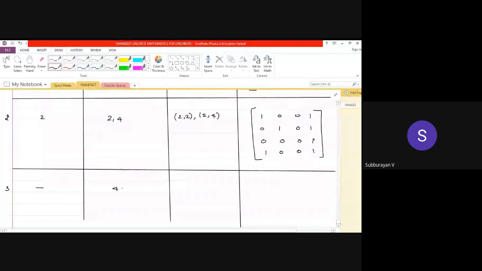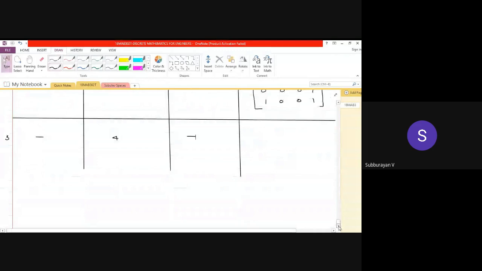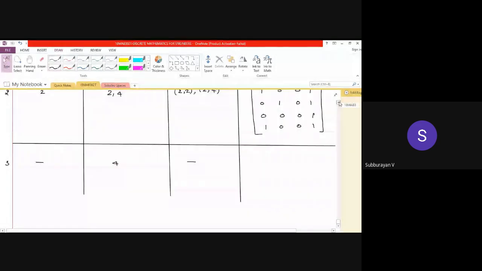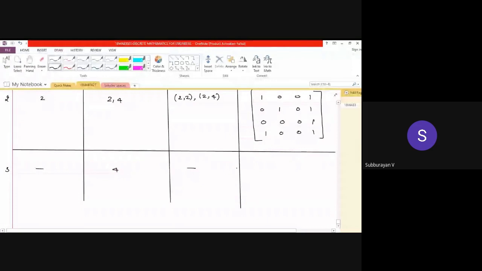Then we write the previous matrix as the initial matrix: 1, 0, 0, 1; 0, 1, 0, 1; 0, 0, 0, 1; and 1, 0, 0, 1. So this is W3.